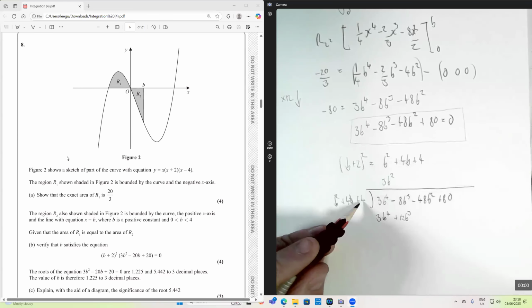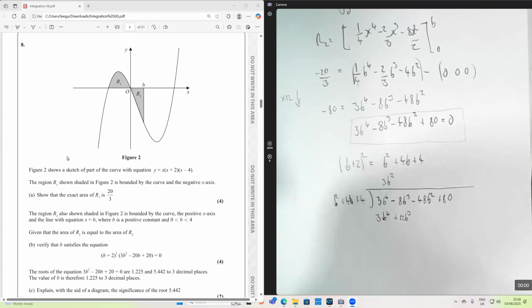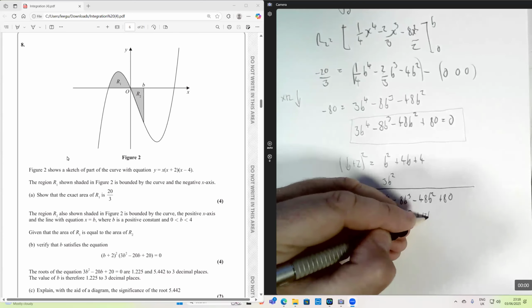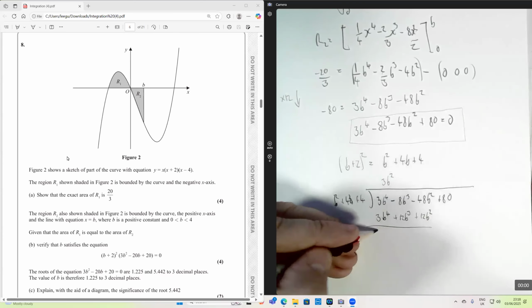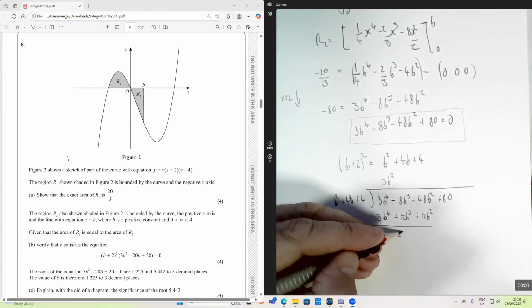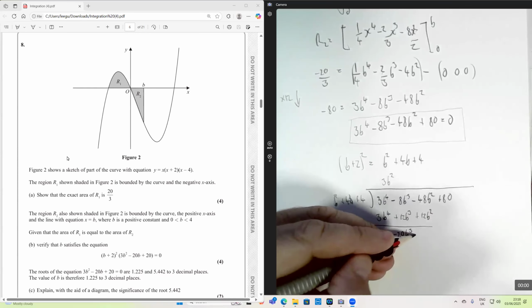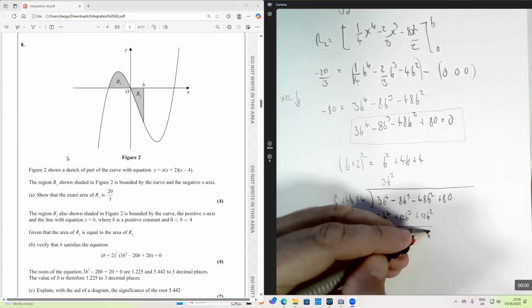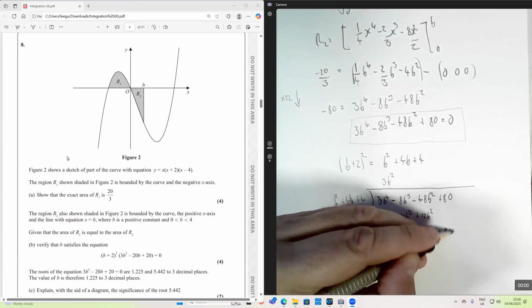And then times everything by 3b squared, I'm going to have plus 12b squared. So I subtract those. That gives me 0. That's going to give me minus 20b cubed, minus 48 goes to minus 60b squared, plus 80.